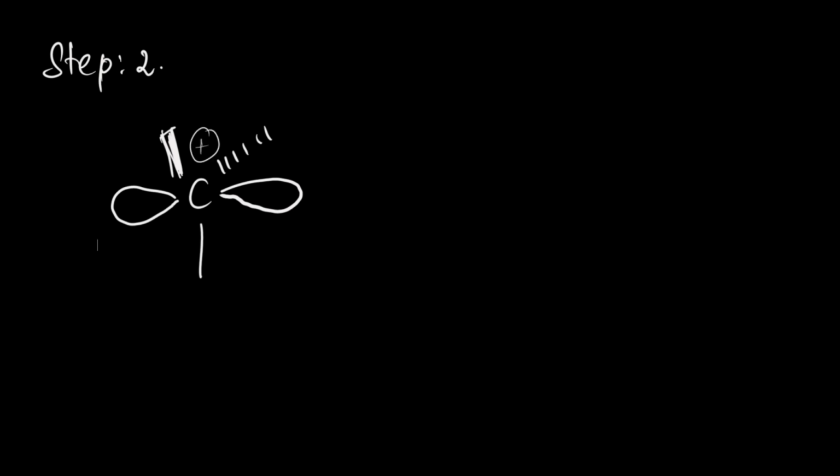So I'm taking the same carbocation, which is having an empty orbital. So let me write it. Empty orbital like this. So what can happen over here? That is more important in case of the stereochemistry part.